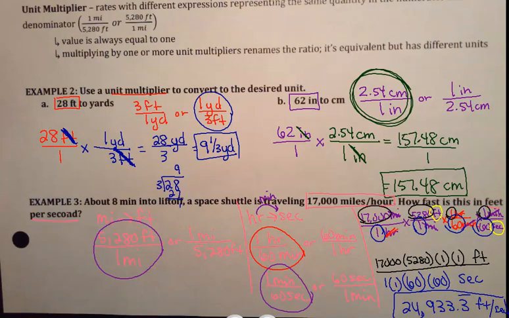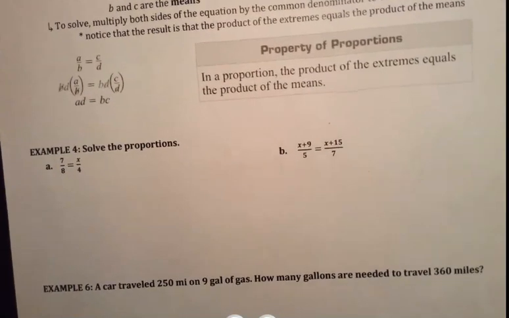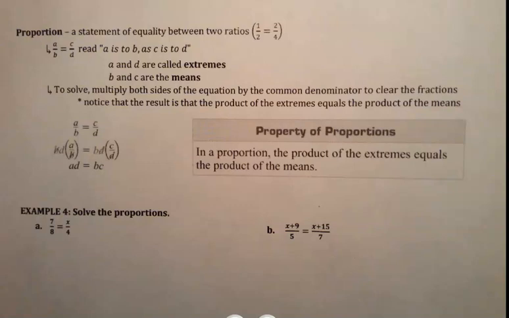Now we're ready to flip over to the back. So now we're going to talk about proportions. A proportion is a statement of equality between two ratios. Sorry, I hate when my projector gets glitchy like this.